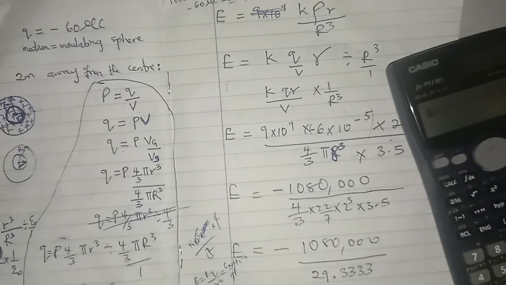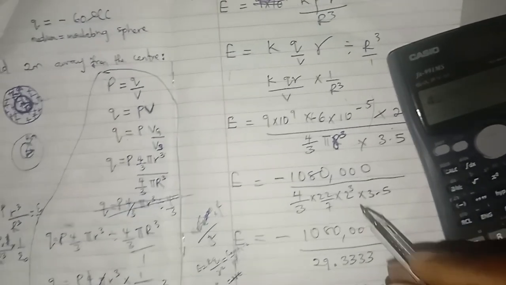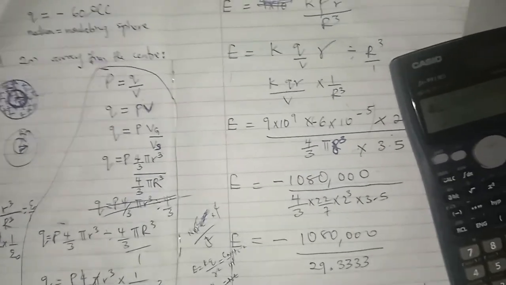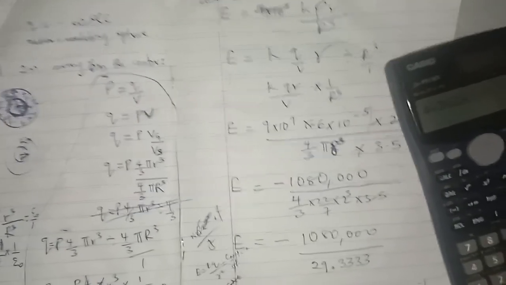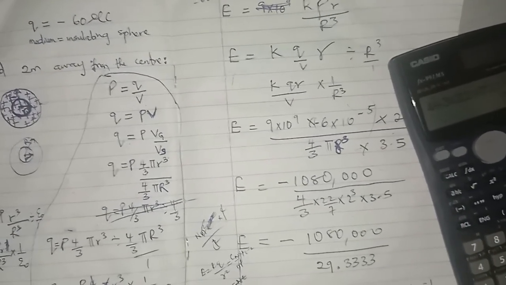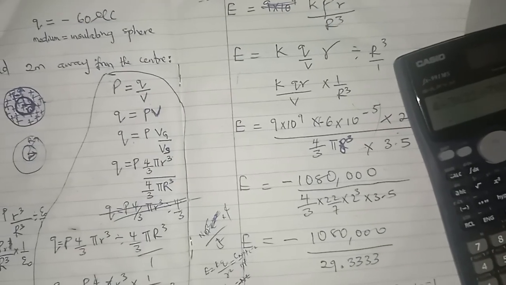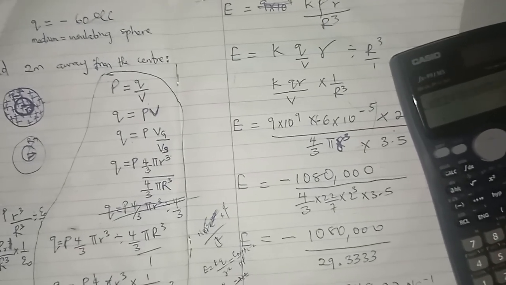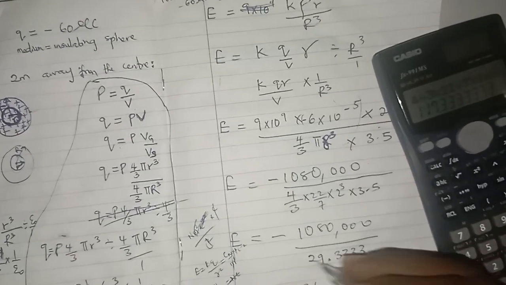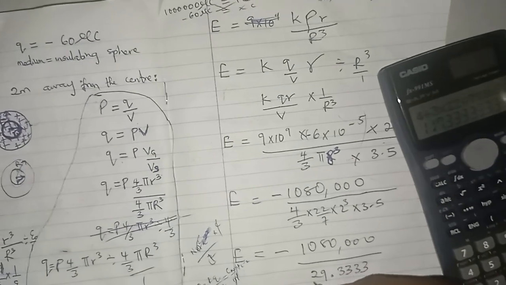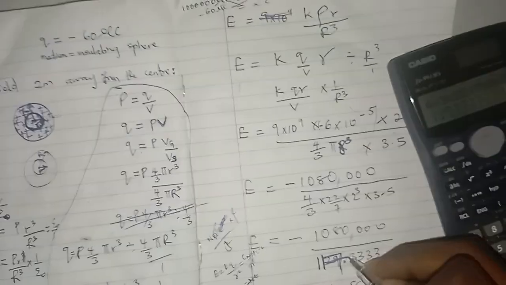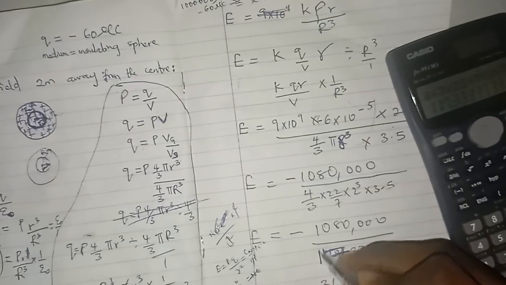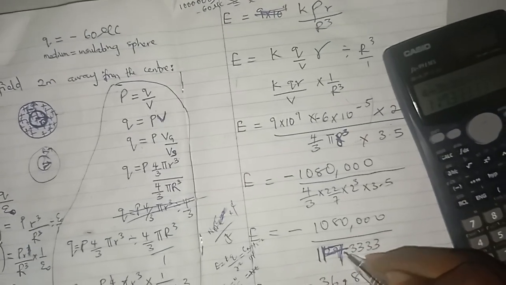Whenever I'm rushing like this, I always have something I forget. 2 over 3 times 22 divided by 7 times 8 times 3.5 equals, should be 117.3333.